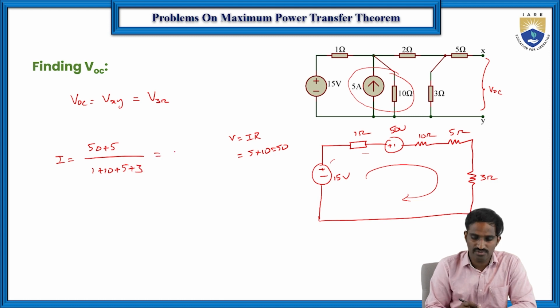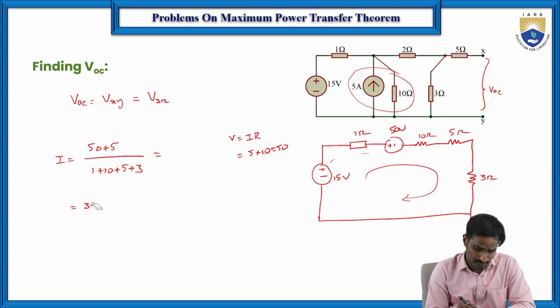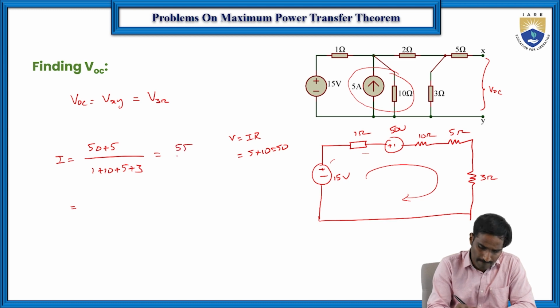Then if you simplify, you will get I equal to 3.1. So 55 by 10, 15, 18, 19.